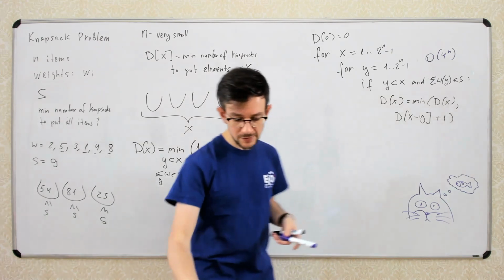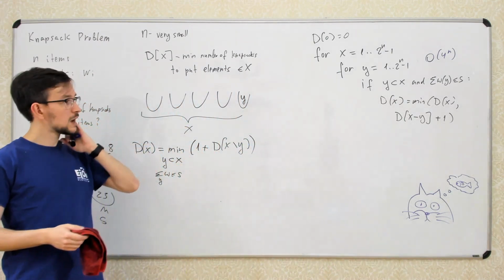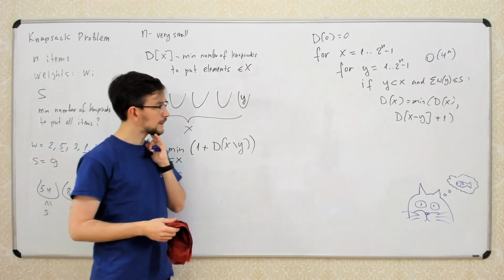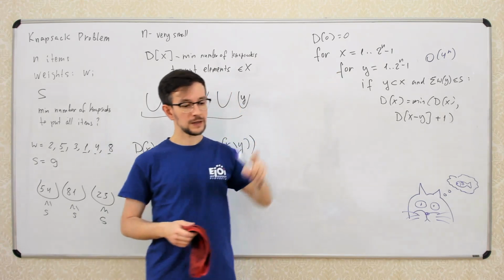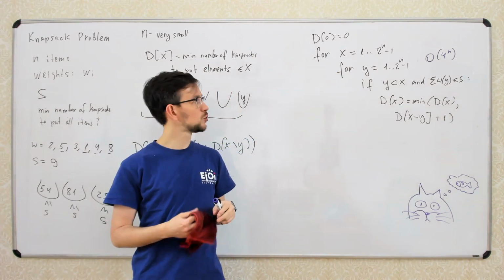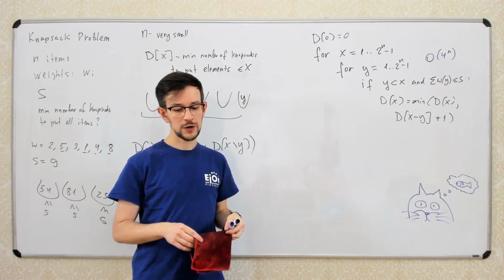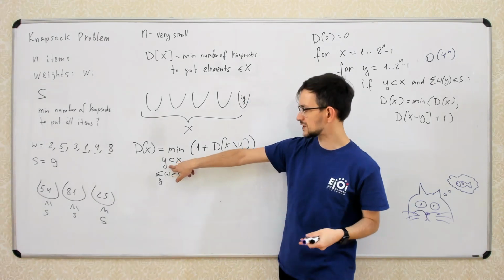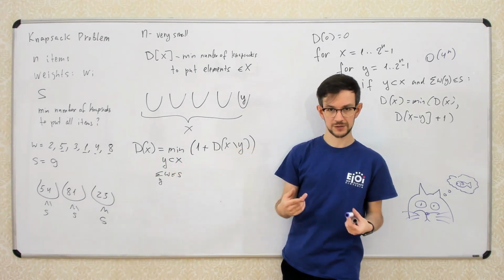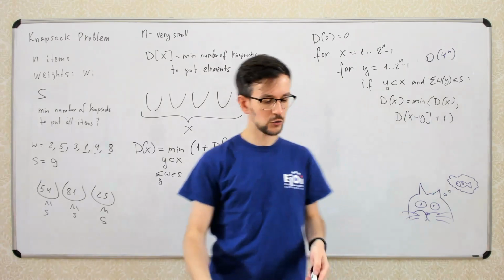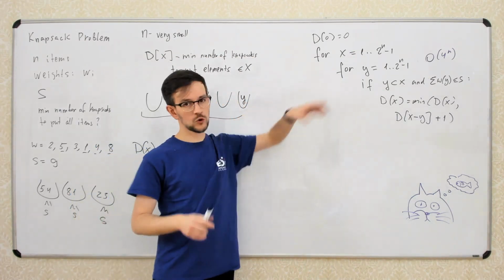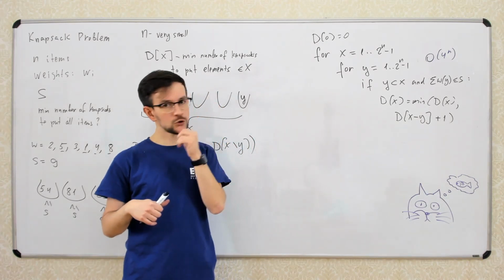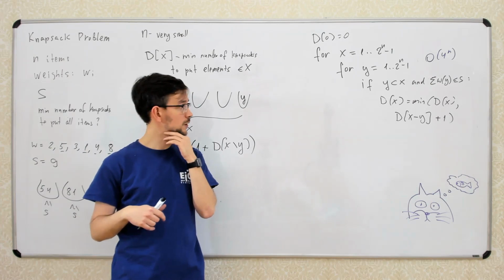But we can optimize this. Let's optimize this. The first thing we will optimize is the second loop. In the second loop, we need to iterate over all possible sets, but we need to iterate only over the subsets of X. So here we need only the sets Y which are subsets of X. So let's try to iterate not over all possible sets here, but only over subsets of X. Will it improve our time complexity or not? Let's check.